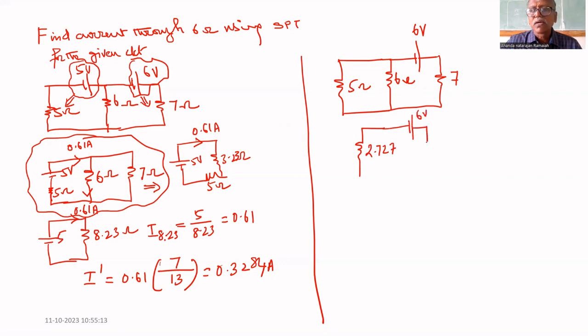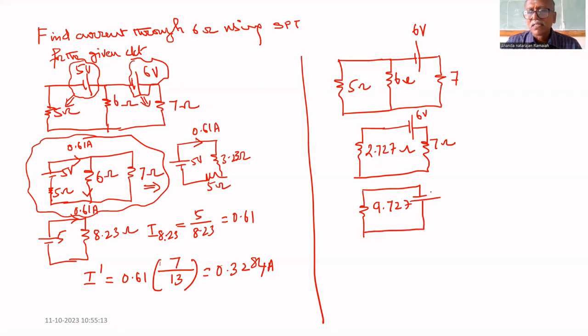6 volt and 7 ohm. What is the total resistance? 9.727. And note that the current direction is this way.